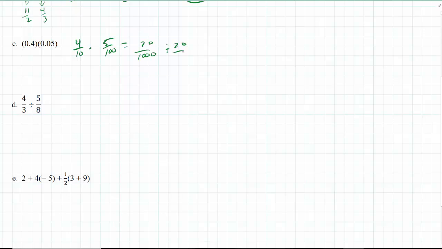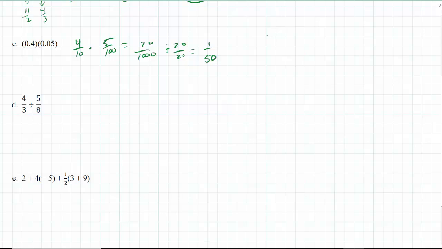Just divide both by 20, and we get 1/50ths. Let me erase that. 50 times 20 is 1,000.